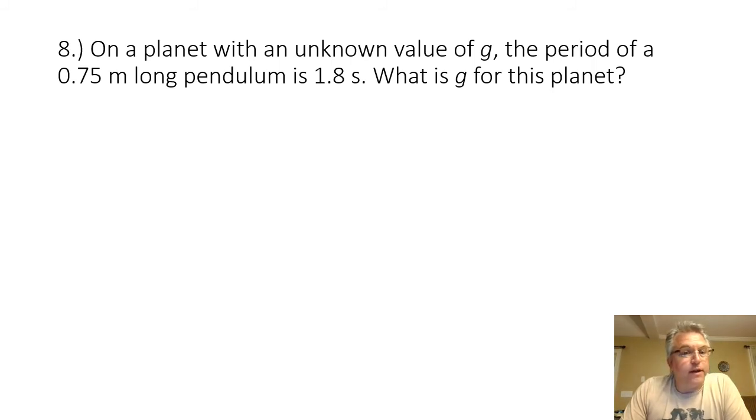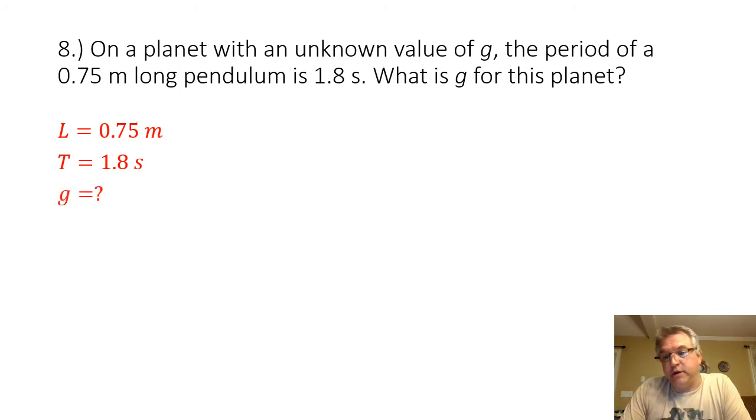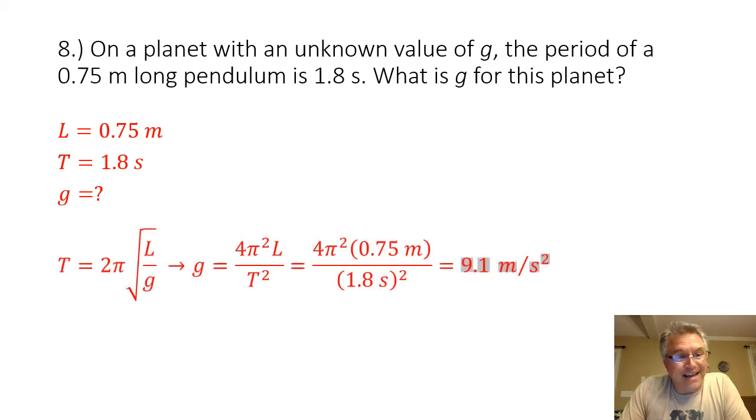So we are given the length of the pendulum, 0.75 meters. We are given the period of the pendulum, 1.8 seconds. We are looking for the gravitational acceleration of this planet. Once again, we're going to use our pendulum formula, this time solving for g.